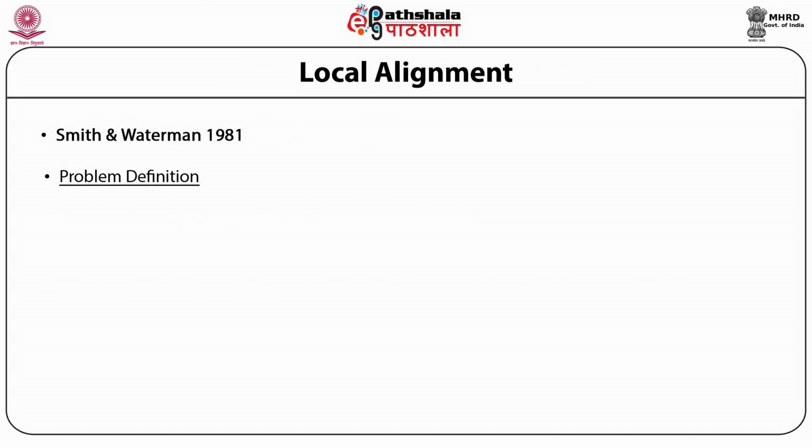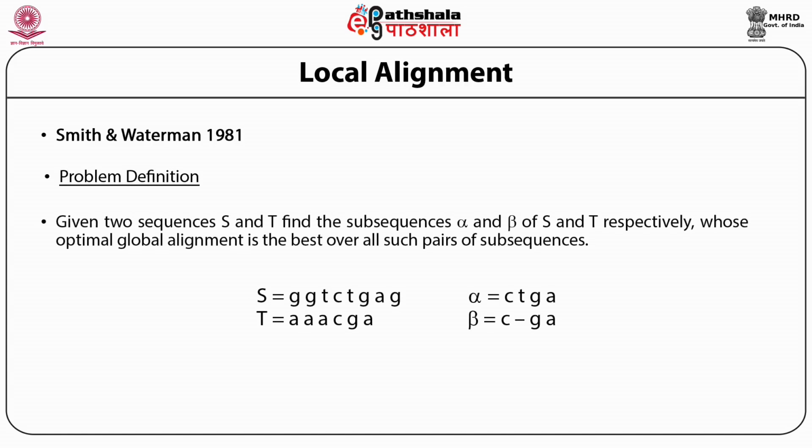Now coming to local alignment, it's quite similar to global, saying that given two sequences S and T, but now we are interested in finding subsequences alpha in S and beta in T, whose optimal global alignment will be the best over all such pairs of subsequences that we can take.